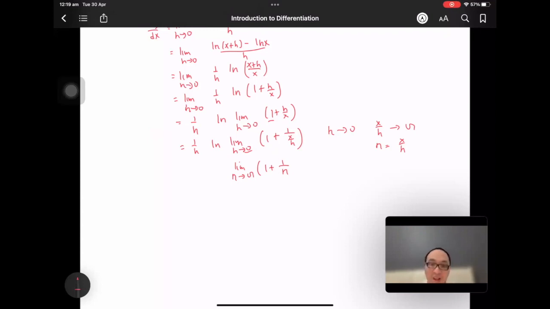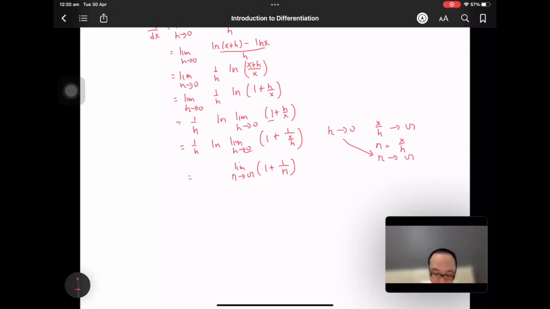When h approaches 0, x over h approaches infinity. So I can say n, as x over h, will go to infinity as well. So n will go to infinity when h approaches 0.